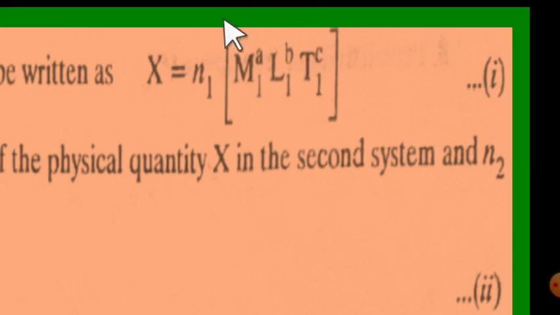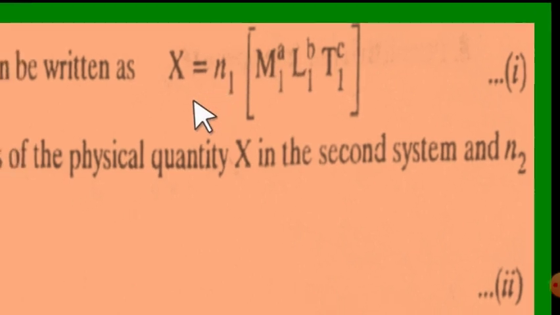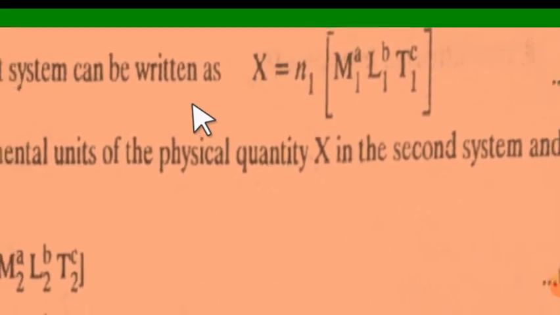Let's take this as the SI system of units. I told you that for 1 Newton, the 1 should come here as the numerical value, and a, b, c are the dimensions of mass, length, and time in that first system of units, or rather the SI system of units.